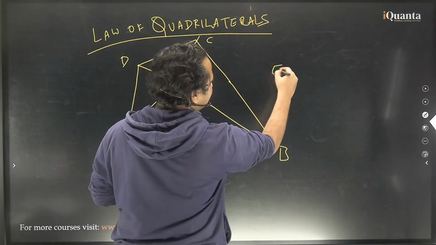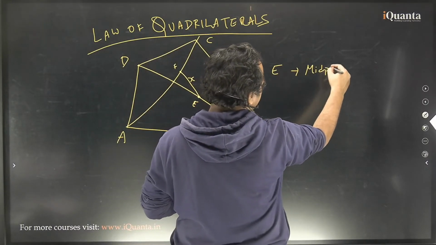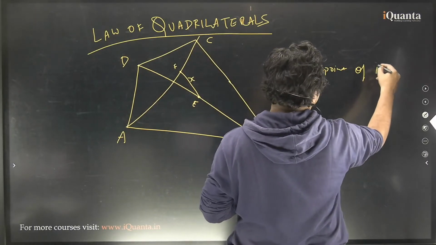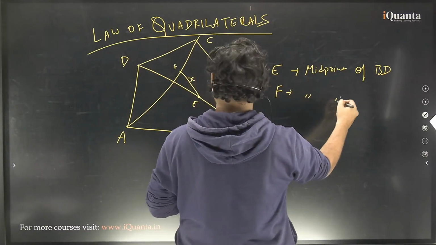So here E is basically the midpoint of BD and F is the midpoint of AC.